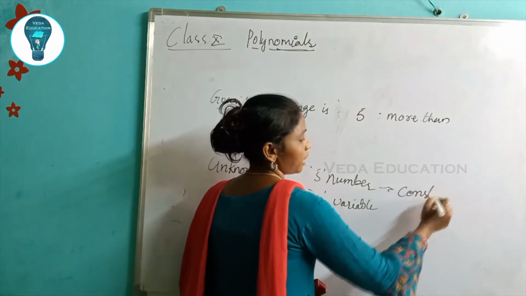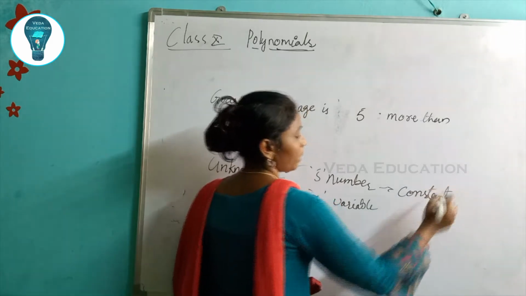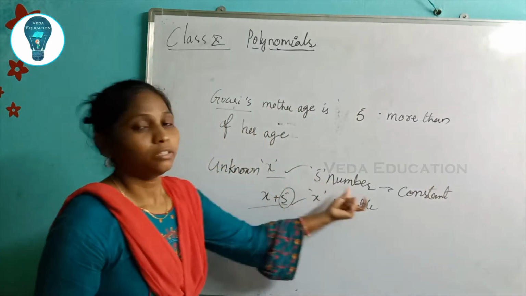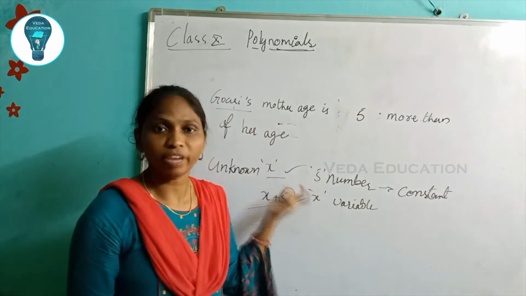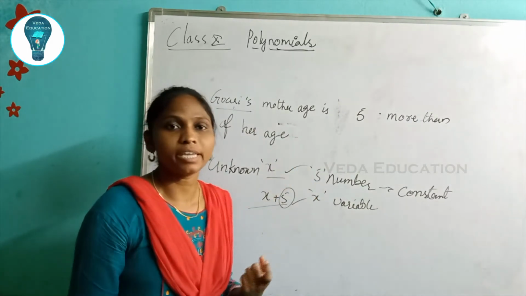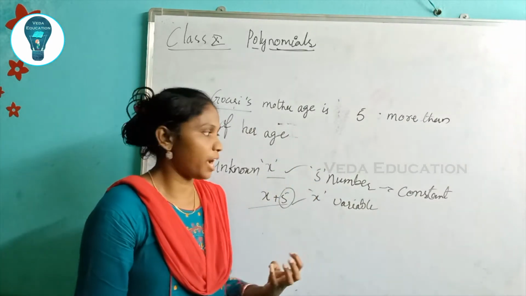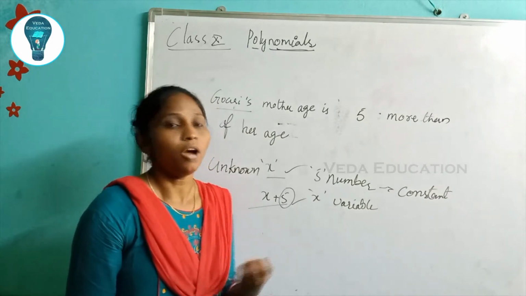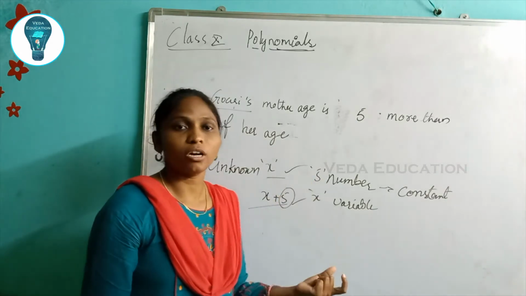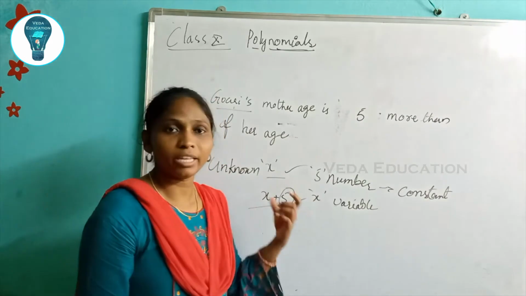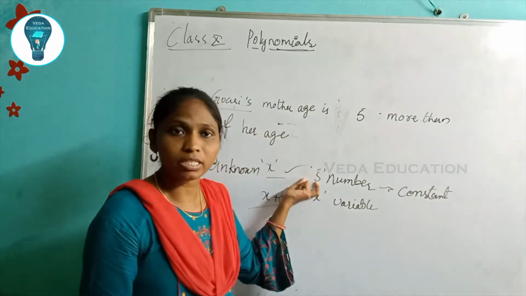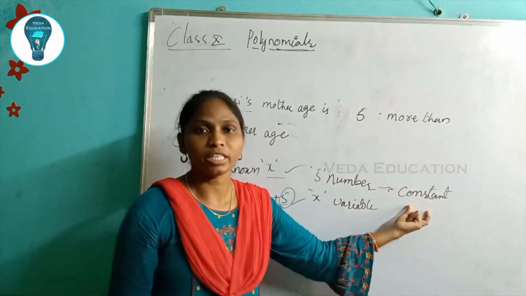Why is it a constant? Because 5, we cannot change the number, it is fixed. 5 means we can consider 5 objects. For example, if I ask for 5 chocolates, they will give 5. And if I ask for 5 chalk pieces, they will give you 5. So it is a fixed number that we consider a constant.